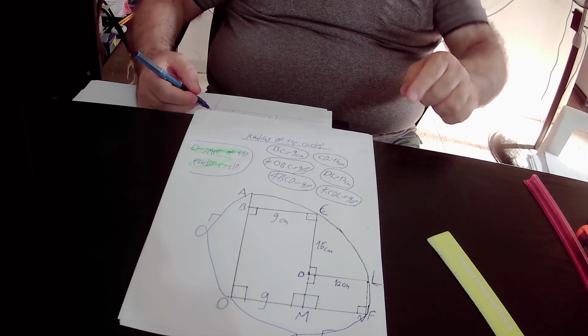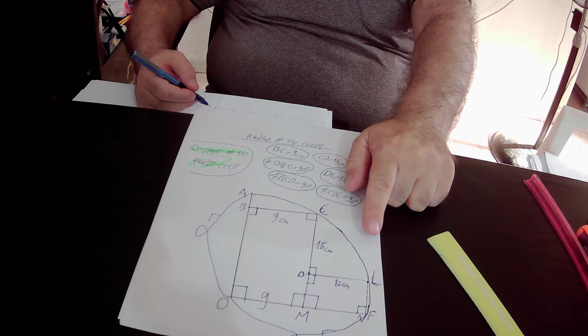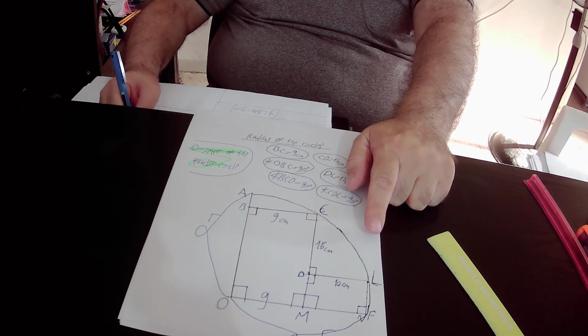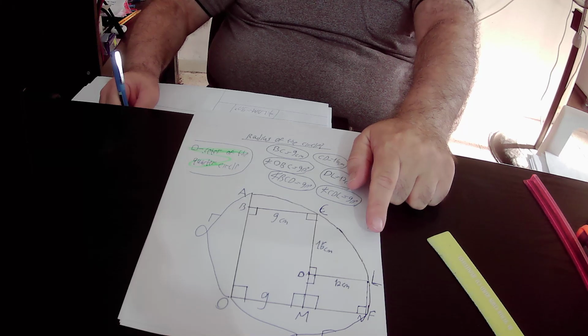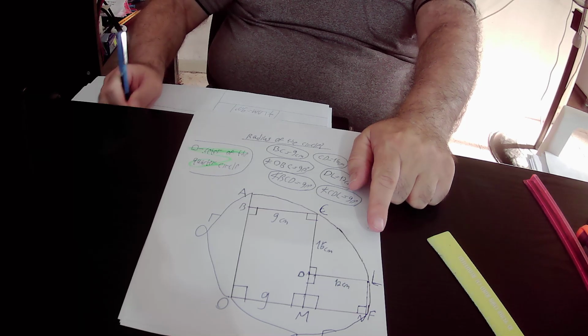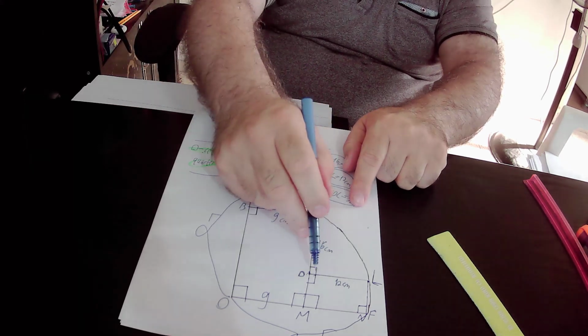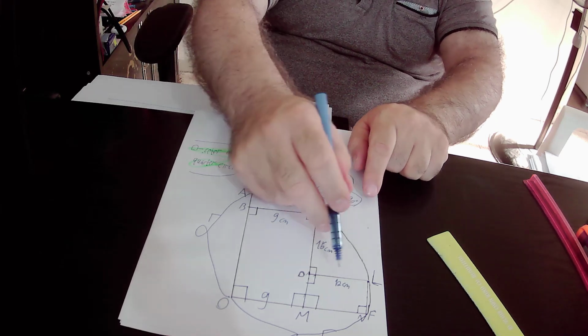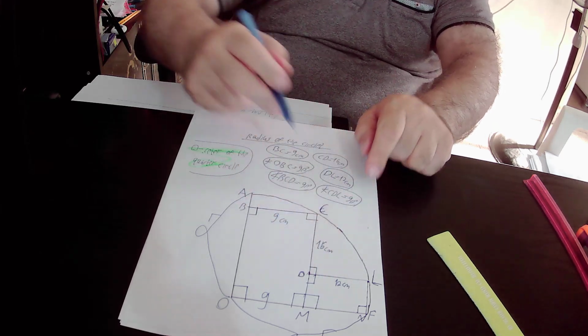we created quadrilateral DLMN. In quadrilateral DLMN, we have 1, 2, 3 right angles.